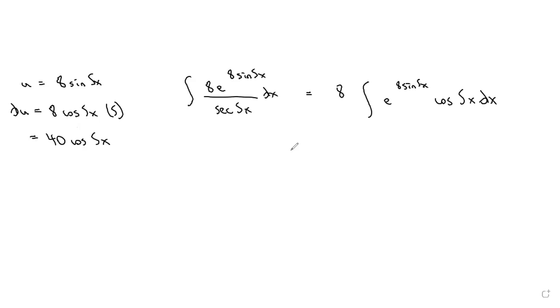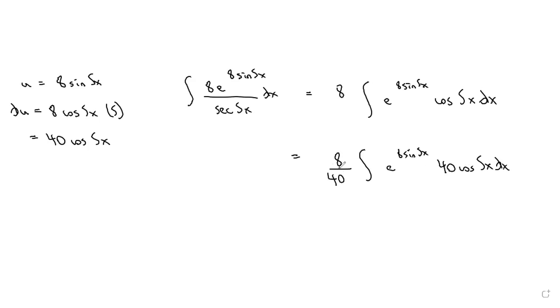So for now, I'll just put 8 integral e to the 8 sine 5x, and then let's put 40 cos 5x dx. And then since I just put 40 in there, let's offset it. Let's put a 40 on the bottom below the 8.